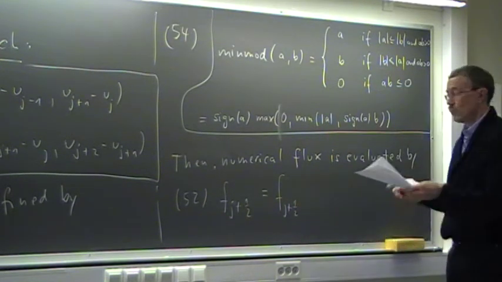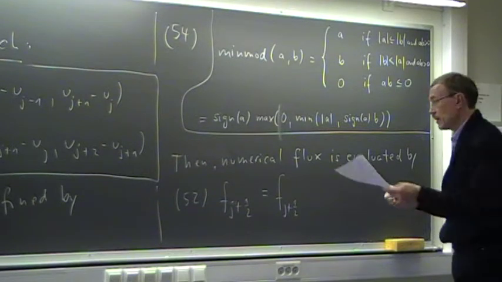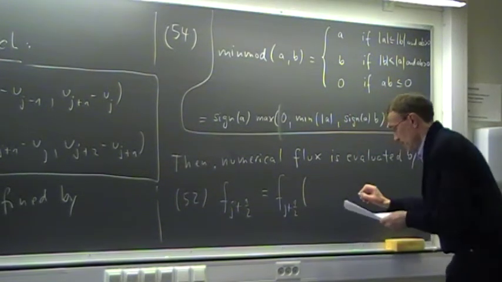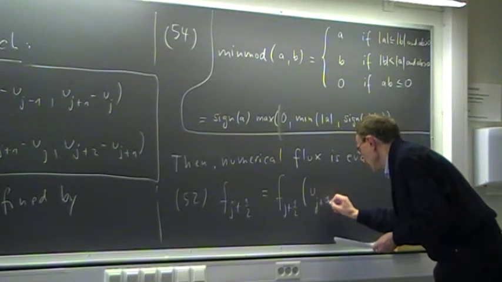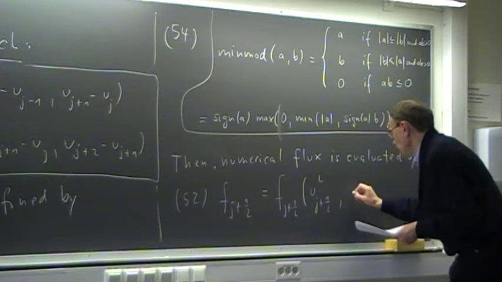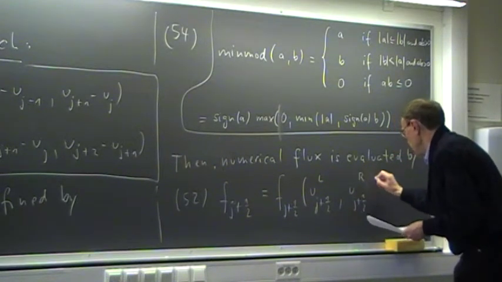Usually we take here u_j and u_{j+1}, the one constant on both sides assumed, but now we take the values that are extrapolated, so the u_{j+1/2} from the left, and the u_{j+1/2} from the right.